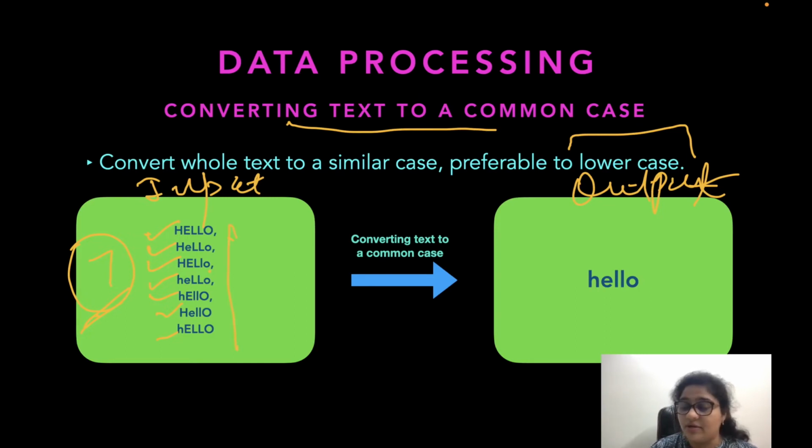In this example, in 7 ways we have written hello, but the word is actually hello. After converting to a common case, I'll get only one word, hello, all in small letters. So the computer will now understand this as one word rather than understanding the one hello word as 7 different words.